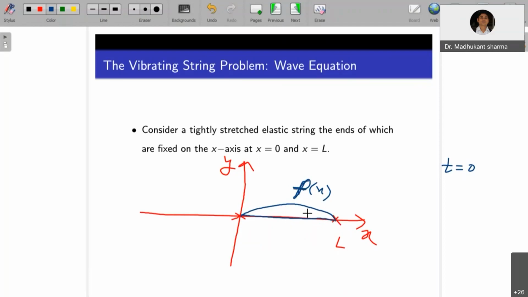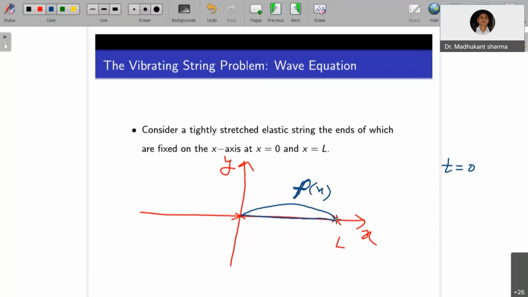There may be a deflection, maybe rotating or whatever, so we are going to make certain mathematical assumptions here. At t equals 0, you are stretching with this initial position f of x, and you are leaving with the velocity g of x.